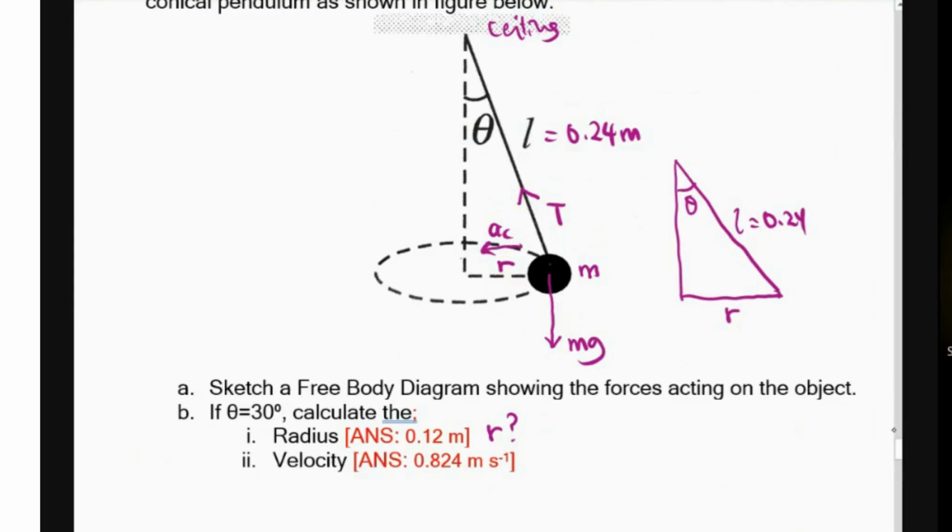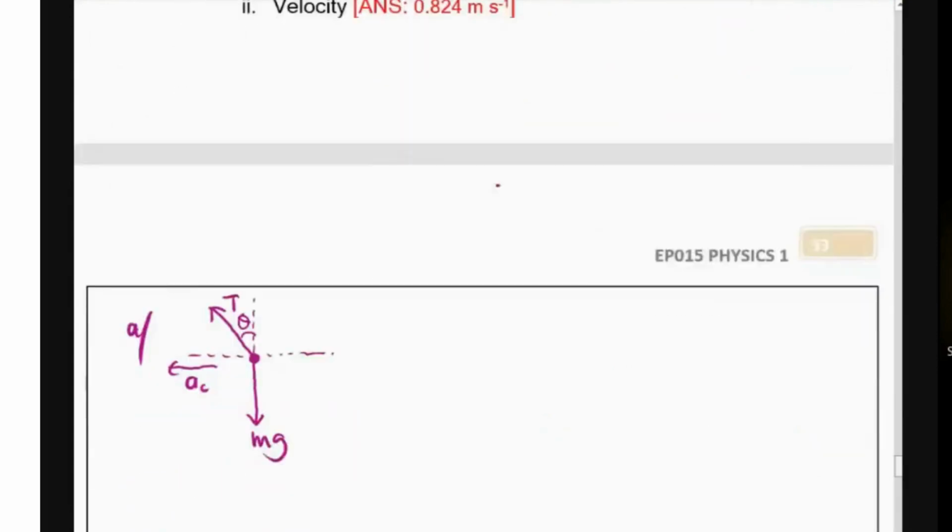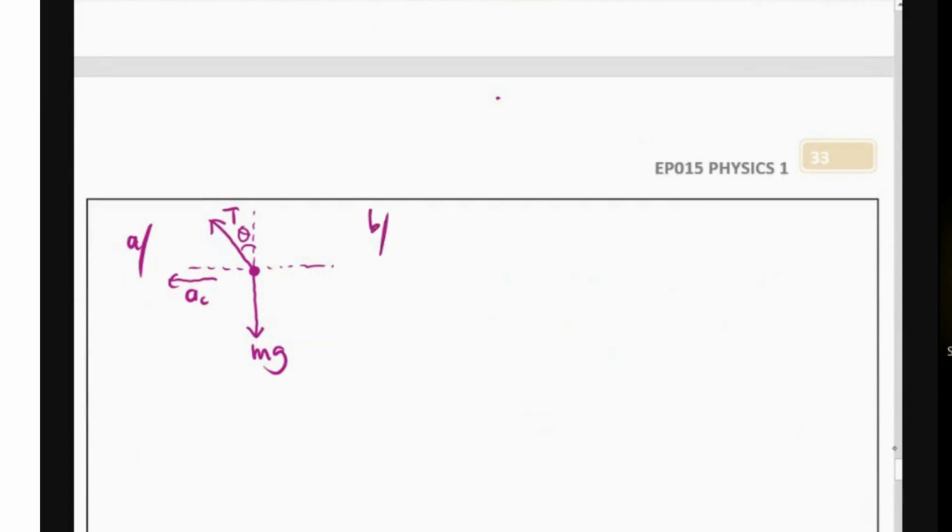Therefore, the relationship between theta, r, and L is given by sine theta, because sine is opposite divided by hypotenuse. Opposite is r, hypotenuse is L. So r is L sine theta. That's how you find the radius.